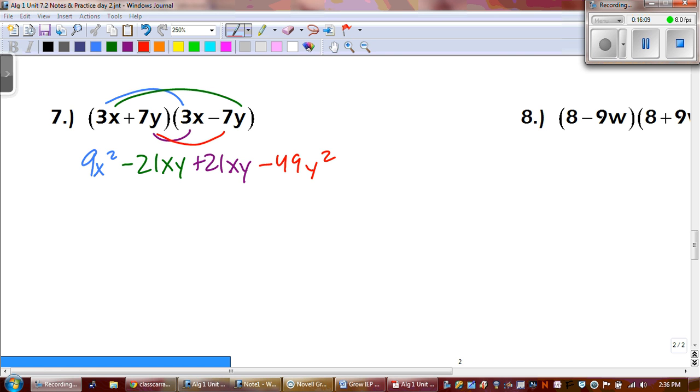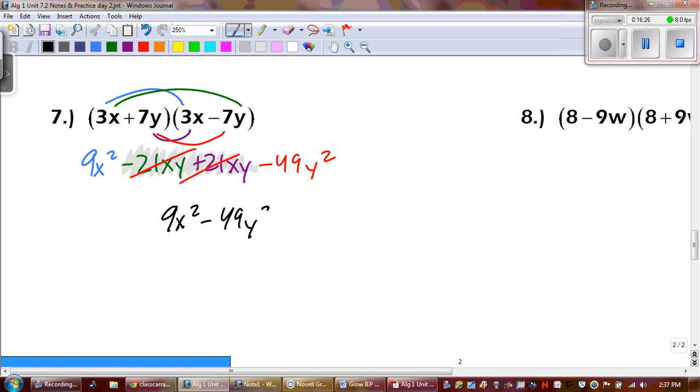Just remember to put the variables in alphabetical order, okay? And now let's look to combine our like terms. When we combine those like terms, they cancel out, and we're left with 9x squared minus 49y squared, okay?